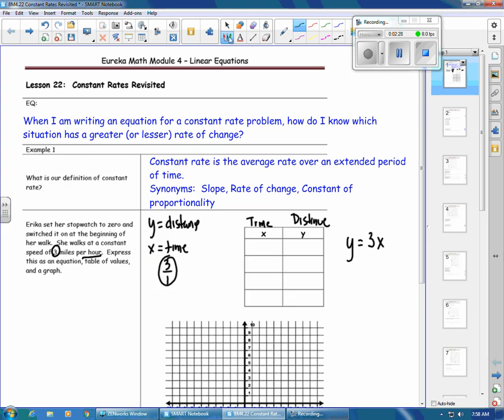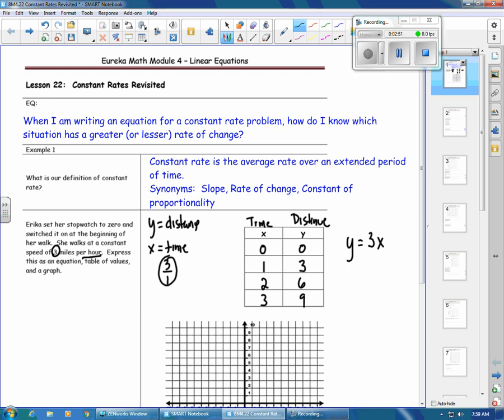So when we haven't started walking, 0 time, we've gone 0 distance. It says 1 hour, we're going to be going 3 miles. In 2 hours, we're going to be going 6 miles. In 3 hours, we're going to be going 9 miles.